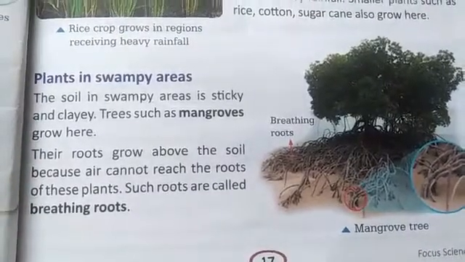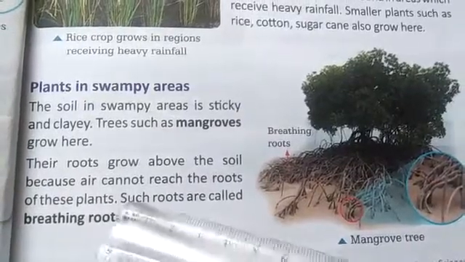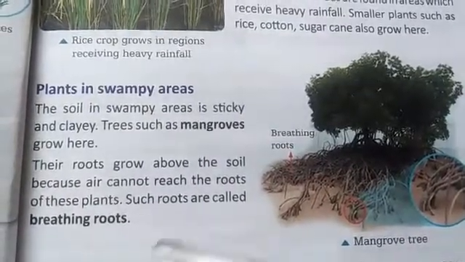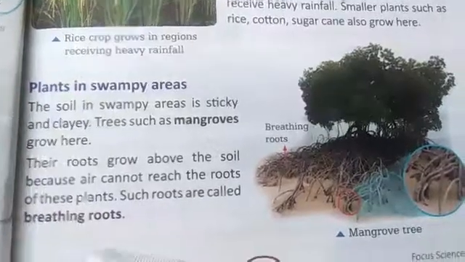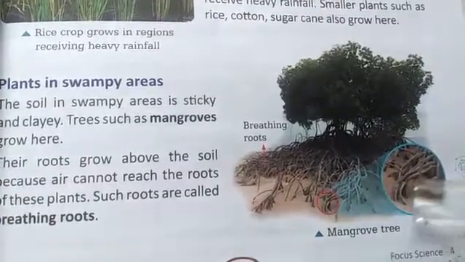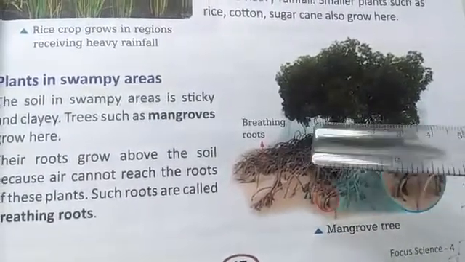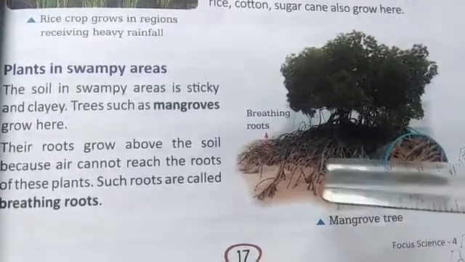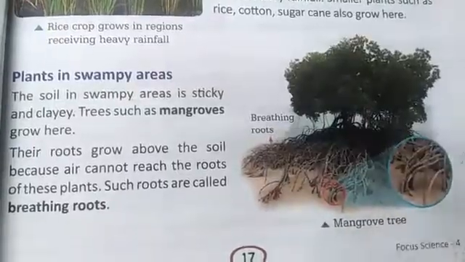That is why the roots of these mangrove plants are on top of the soil. Such roots are called breathing roots. You can see the example of the mangrove. All the roots are present on top of the soil, not beneath it. These roots are called breathing roots.